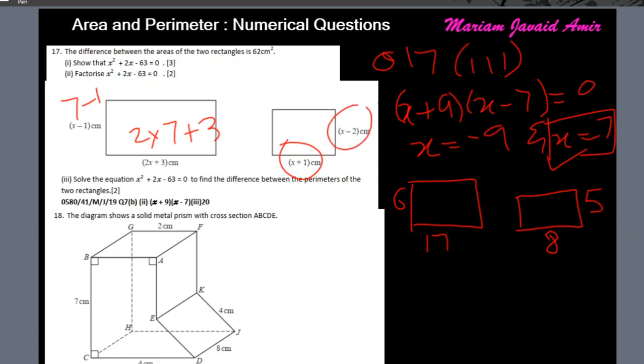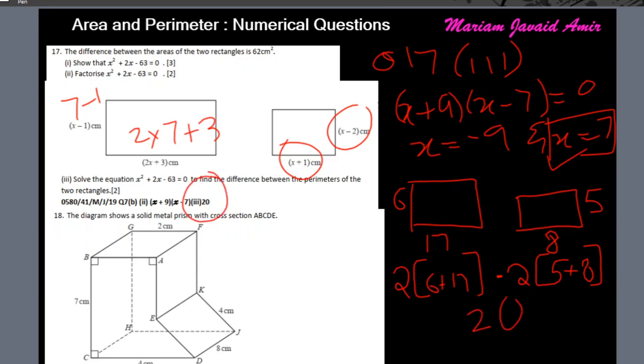So the difference between the perimeters will be 2 times (6 plus 17) minus 2 times (5 plus 8). So let's see what I get, directly in my calculator. I get 20, which thank God is the right answer.